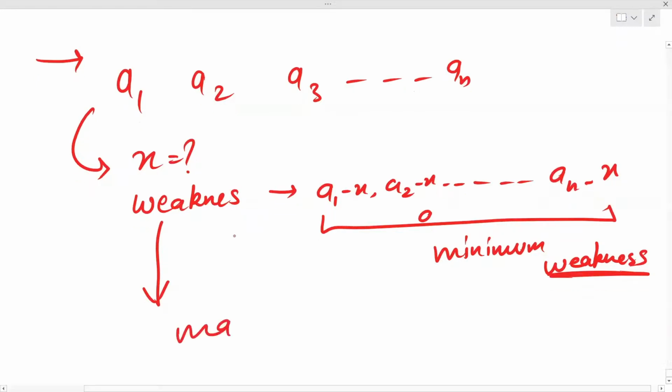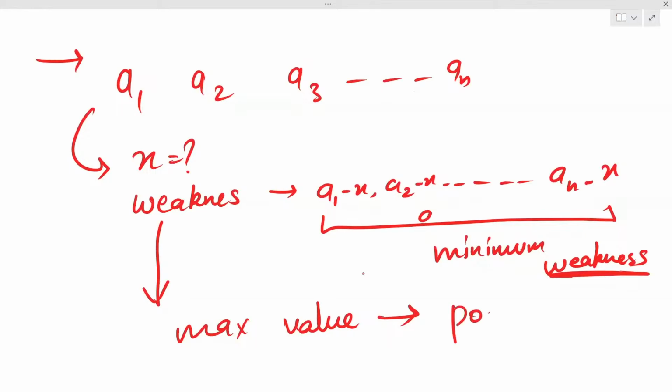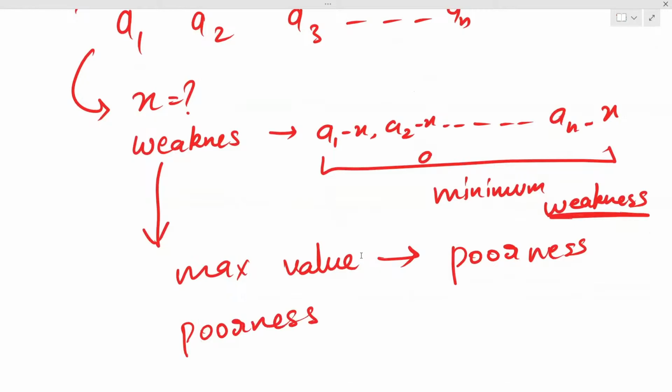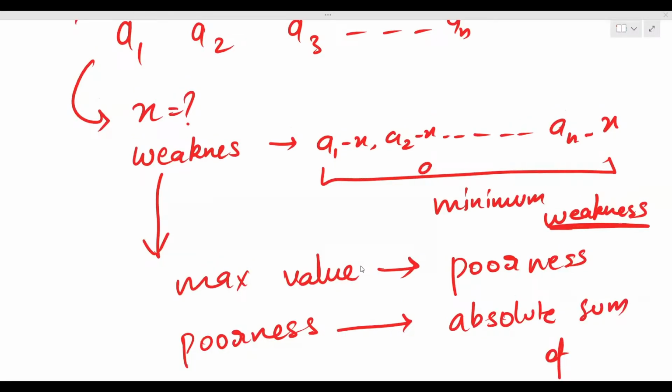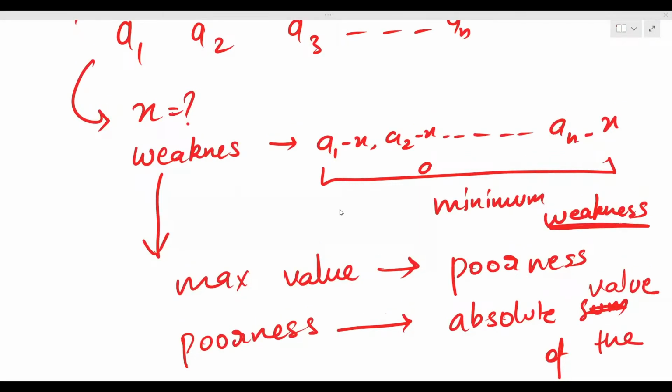And poorness is nothing but the absolute value of the sum of the elements of the segment.